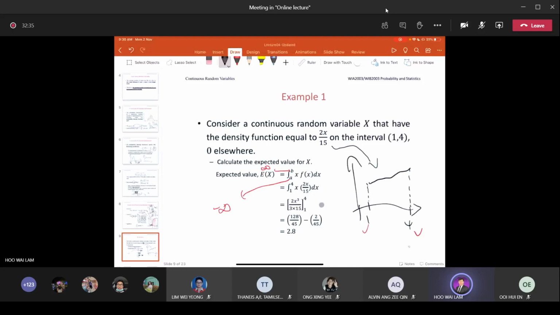If you are having difficulties with integration, then I strongly suggest you study back your maths. But I'll just do one round here.